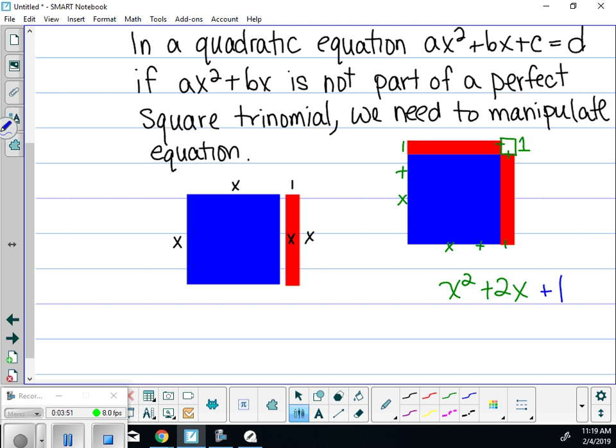Now, the way that you can do that consistently without having to manipulate tiles or squares and rectangles around: when we're doing completing the square, you're always only going to have 1 x squared. And then you're going to have some number of x's, some number of rectangles. What you're going to want to do with those rectangles is put some on the side and some on the top, right? Split them in half.